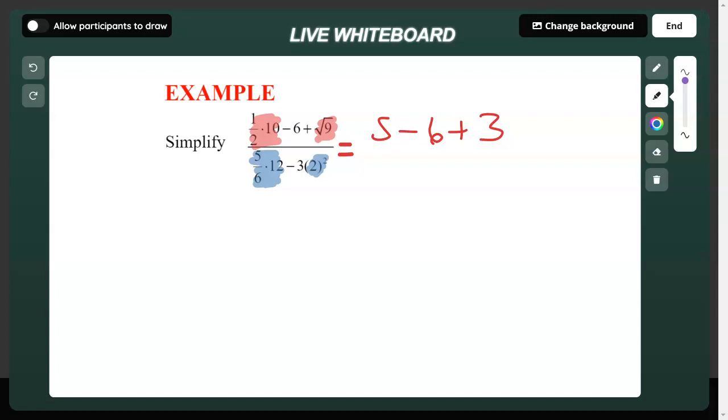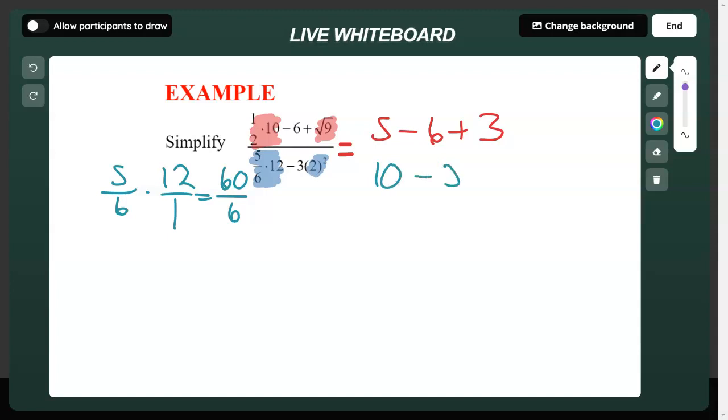I just can't do the 3 times the 2 yet. So 5, 6 times 12, that's 60 over 6, which gives me 10, minus 3 times what? 4. Okay, 3 times 4. All right, so there's that first part.